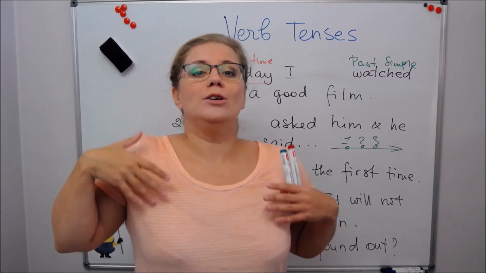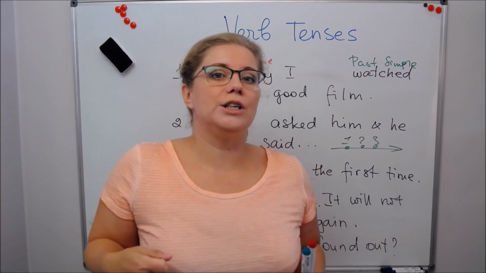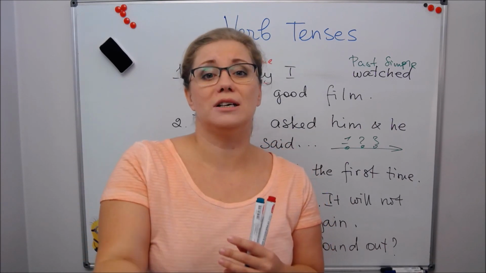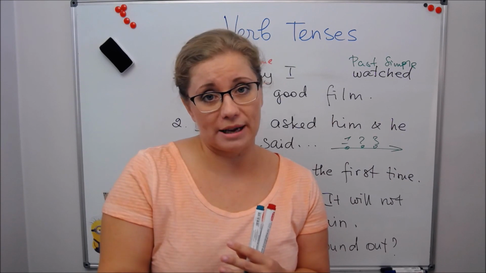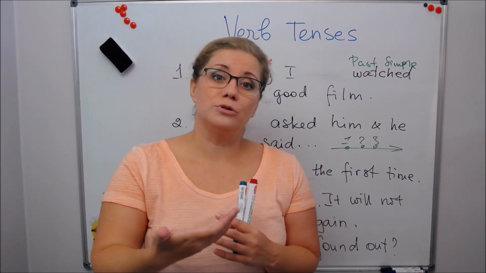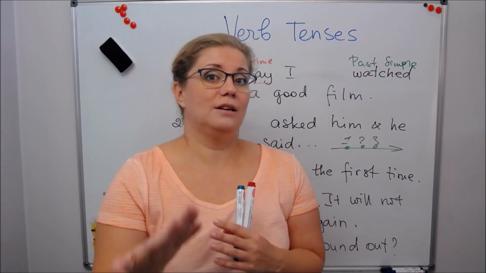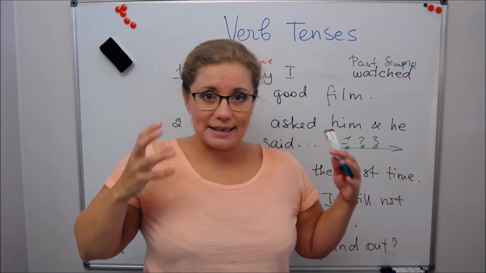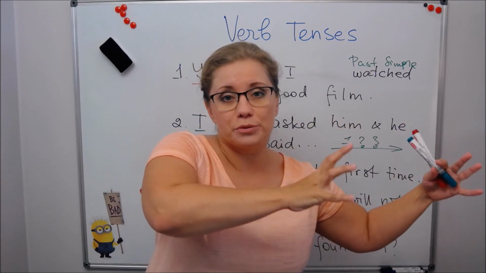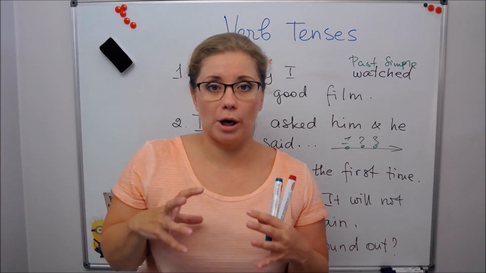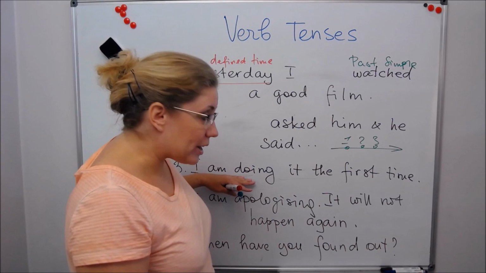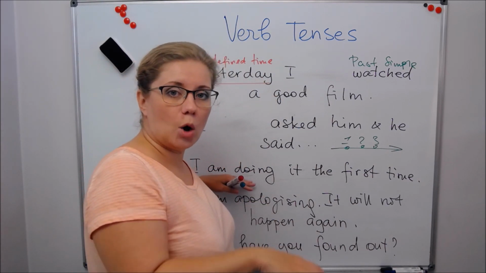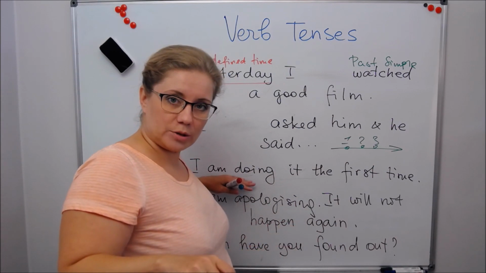I can say "you are listening to me right now." But if you start telling about your experience with listening to or watching my videos, you will say "That's the first time I've been listening to you." Because you are connecting your previous experience with the moment right now, whereas present continuous is only describing the moment right now without any prior experience.